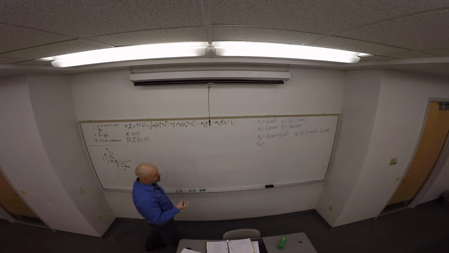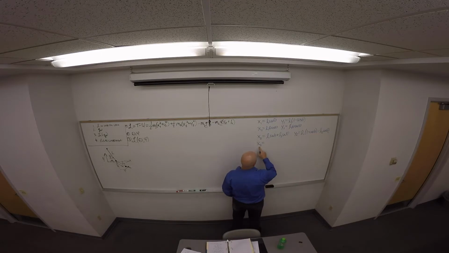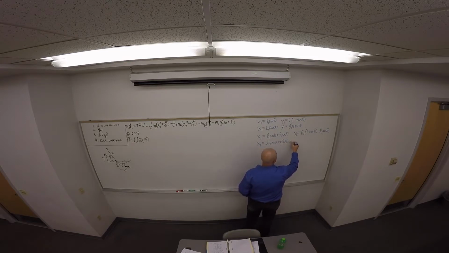Here's where the fun continues. Okay, x2 dot then is going to be equal to the derivative of this, which is x1 dot, right? So that's just the L1 theta dot cosine theta we already know and love, plus L2 phi dot cosine phi.